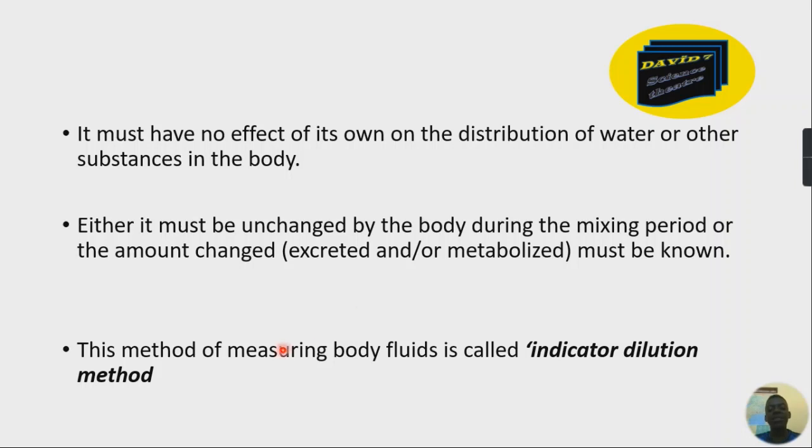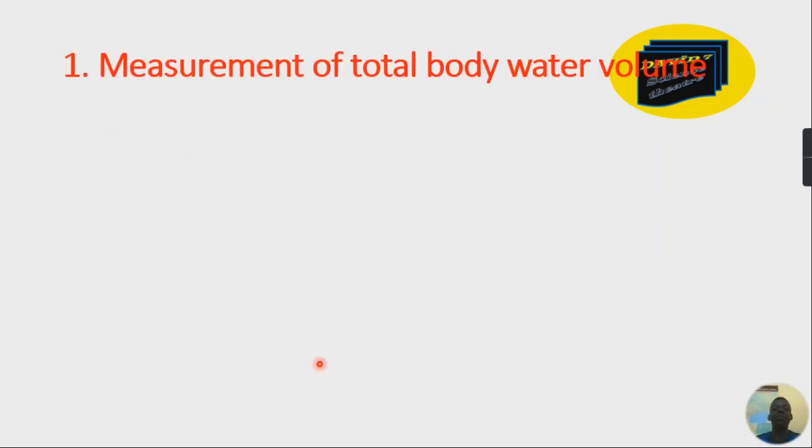And this method of measuring we are carrying out, which I didn't say at the start, I call the indicator dilution method. This is a method we use, indicator dilution. So how do we measure the total water volume? We've seen water volume is around 42 liters.